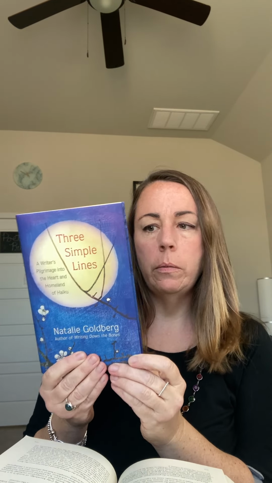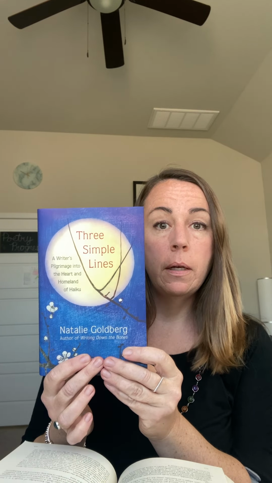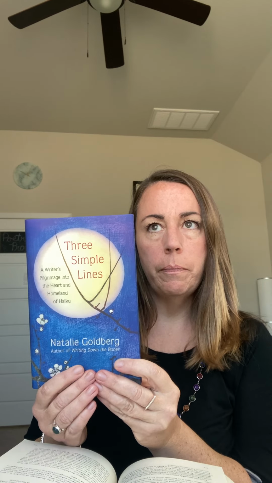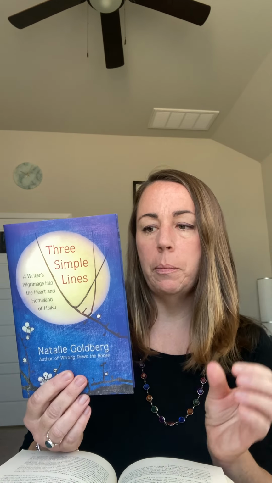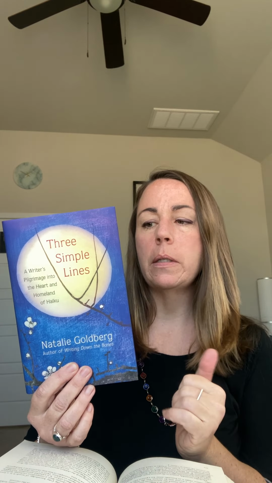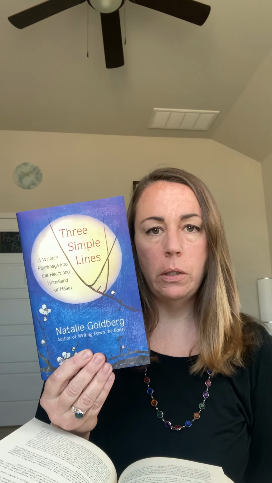Natalie Goldberg's book, Three Simple Lines. You really don't need to read a whole book to know how to write a haiku because it is a form that is approachable in its simplicity. But if you want to read a book that is kind of memoir-like and really delve into haiku, this is a good book. A haiku is written in the present tense, almost always refers to a time of day or a season.